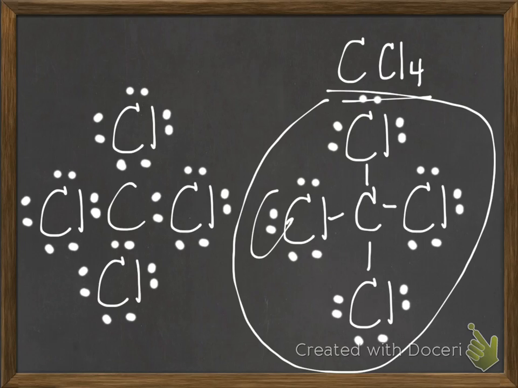You do have to show those even on the outer atoms, though they don't influence shape. And we will talk a whole lot more about what influences shape and what doesn't. But really, from a molecular geometry perspective, which we're going to get into, the unshared pairs matter most on the central atom. But for a correct Lewis structure, you have to show all the unshared pairs on the outside.